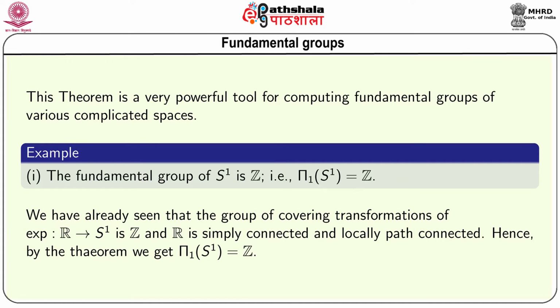Now, we see the power of this theorem in the following examples. Let us take the example of finding out the fundamental group of S1. Applying the theorem, we see that the fundamental group of S1 will be Z. How do we prove it? We just take the covering transformations of the exponential map from R to S1.